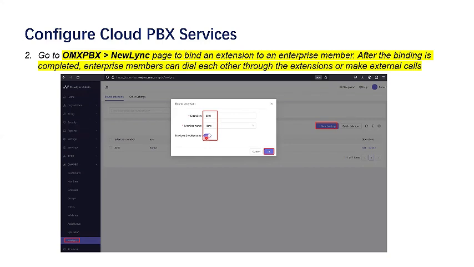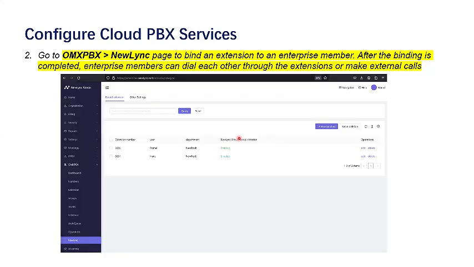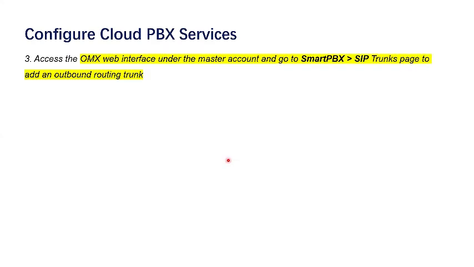So after you have bound the extension to the enterprise member, they have free outgoing calls and can dial between extensions. It will display here enabled, and now you can already use that one.